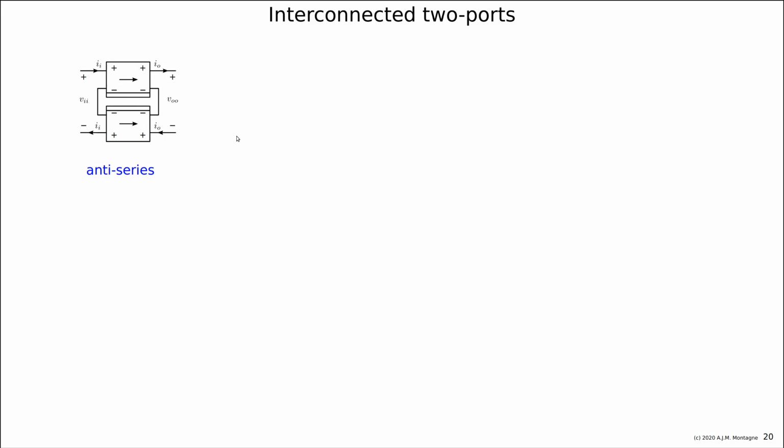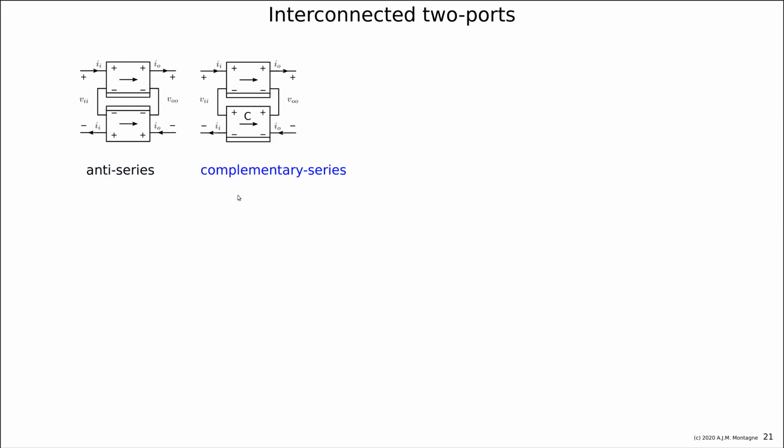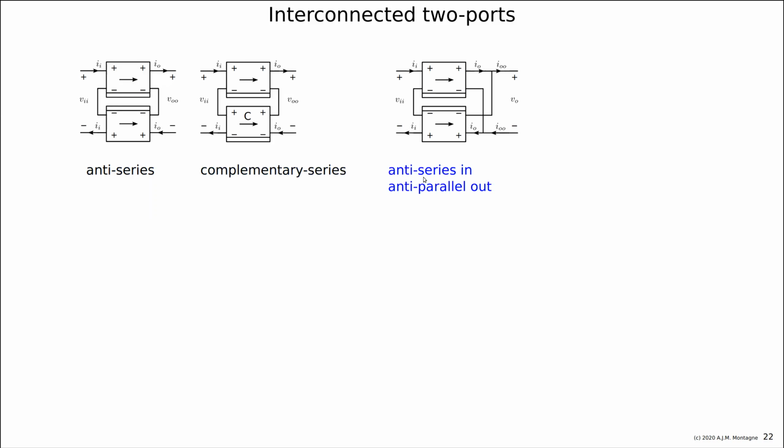And that is the whole trick. That's what you are doing, basically. Then for the complementary series, we have a complementary device, and you place them normally in series. We can put them anti-series at the input and anti-parallel at the output.